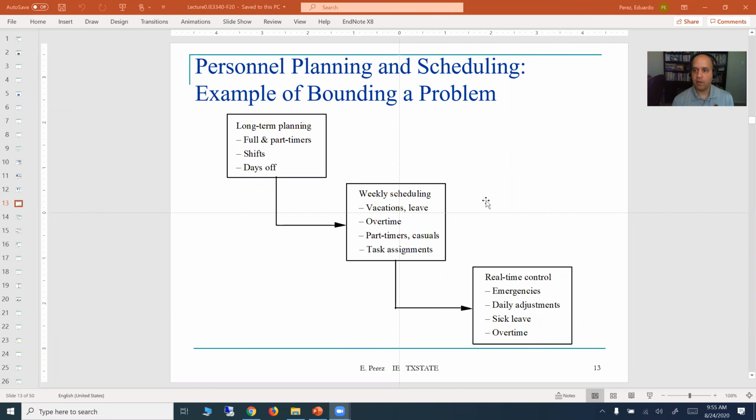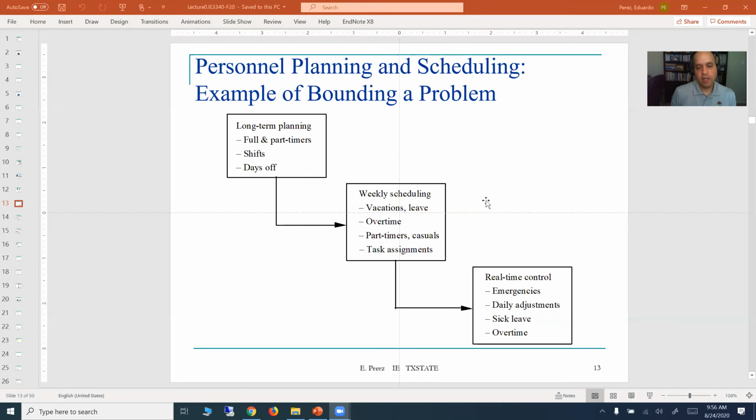So people that have been longer with the hospital usually have some type of preference. Then you have to define the shifts. What are the days off? What are the long weekends, or what are those days that are holidays? And then put that as part of your model, and then define the weekly scheduling.